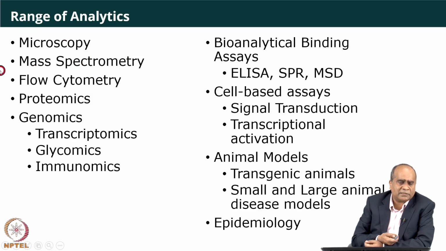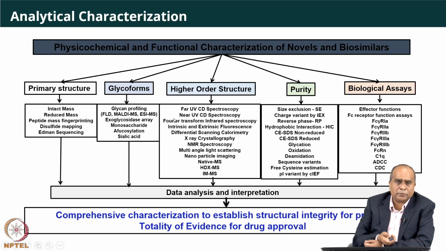Then flow cytometry shows what happens on a cell; you can do proteomics, genomics, transcriptomics, glycomics, immunomics, to see what kind of immune markers are involved. Then for bioanalytical binding you have to do ELISA based, SPR based and MSD based techniques. This range of analytics has to be invoked for understanding the biological assay. Then cell based assays can examine signal transduction or transcriptional activation, and finally you can go to preclinical studies, where you have transgenic mice, small or large animal dose models, and at the end epidemiology.